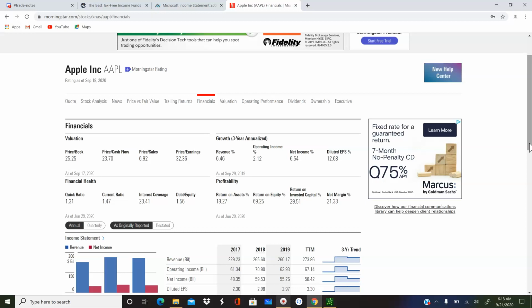Don't get caught up in thinking, oh, this debt to equity ratio is bad because it's high. You have to consider the industry, you have to consider the company.